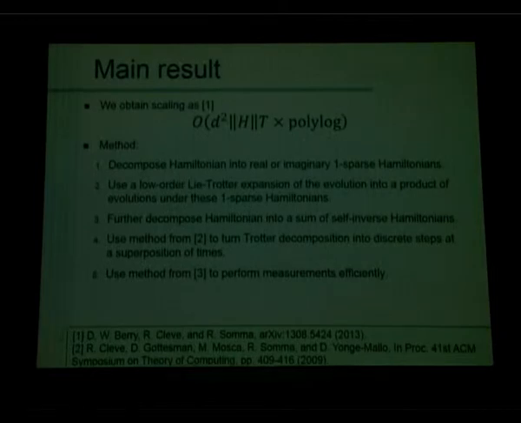It's really proportional to a sum of these self-inverse Hamiltonians. And then we can modify methods from some previous work which was focused on a different problem to turn that Trotter decomposition that we are getting from here into something with a superposition of times which we can then compress. And I'll be explaining that shortly.